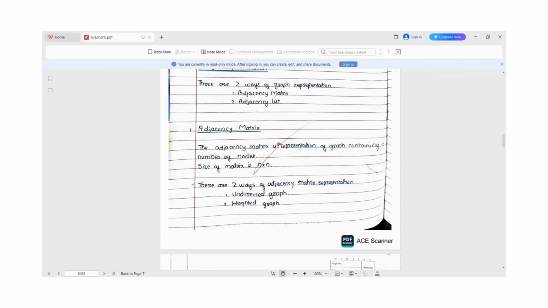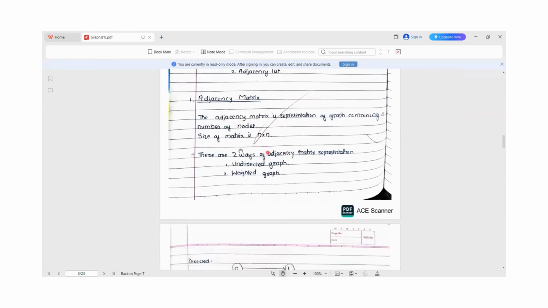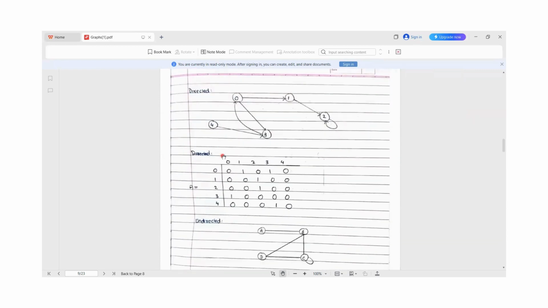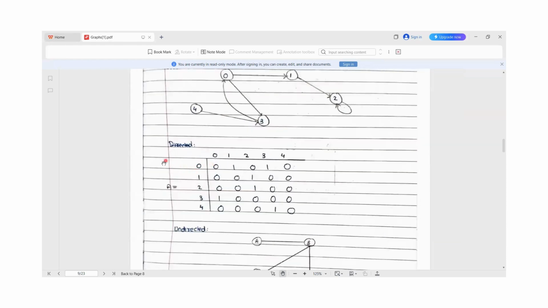There are two ways of representing a graph: adjacency matrix and adjacency list. Adjacency matrix is an n cross n size matrix where we represent all the nodes horizontally and vertically. For each row we have a node, say node 0.